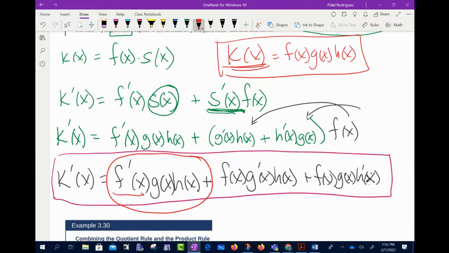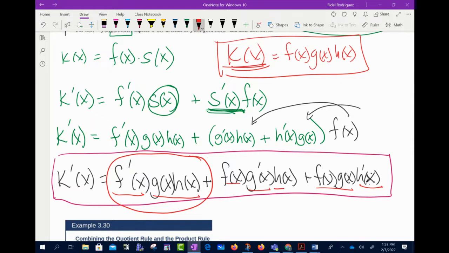We took the derivative of the first one. Then we left the second two alone. Then we took the derivative of the second one, and we left the other two alone, right? And then we took the derivative of the third one and we left the other two alone. Does that make sense? So if we had a fourth one, wouldn't we do the same process? You kind of see the pattern here?